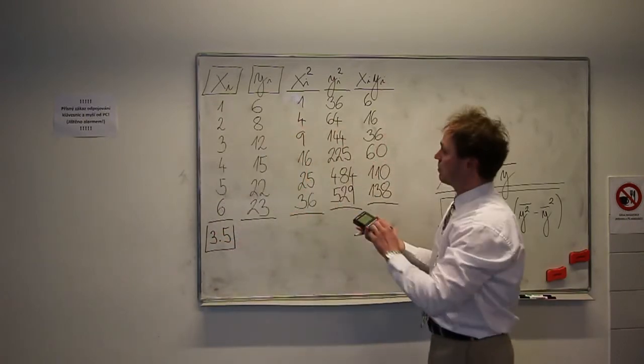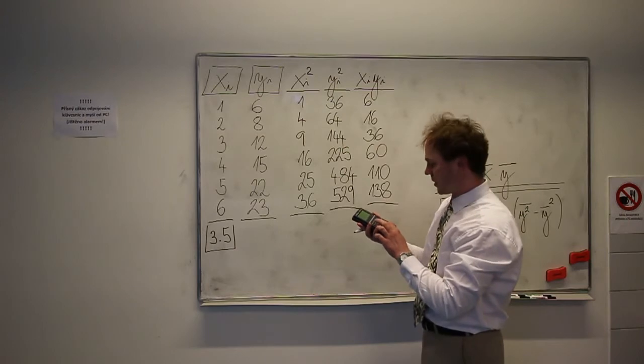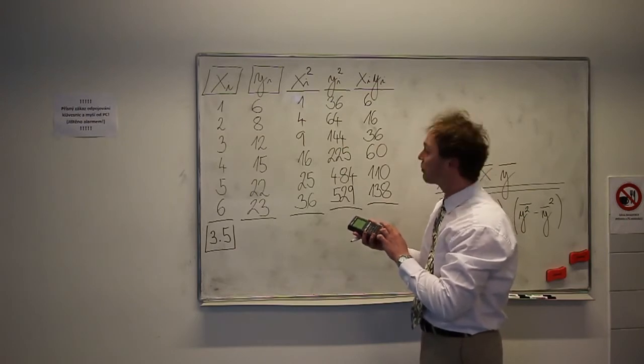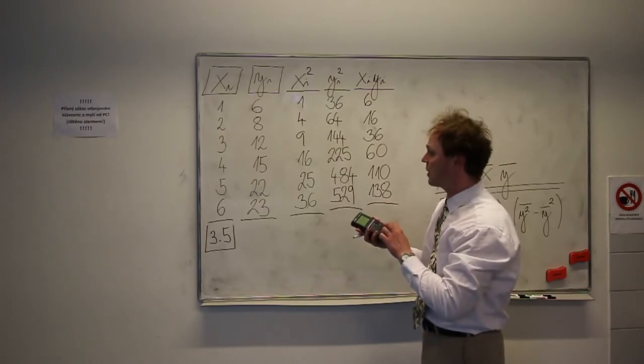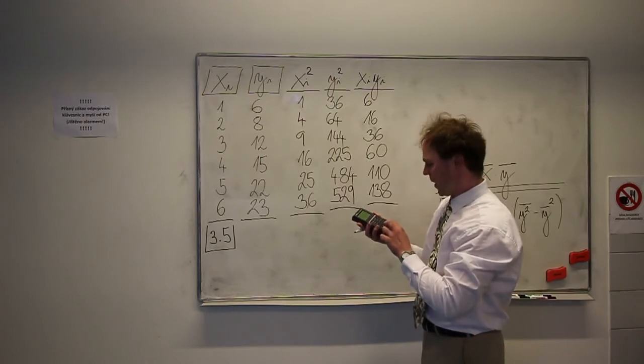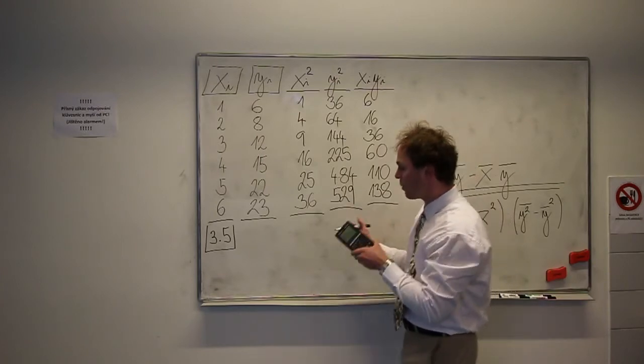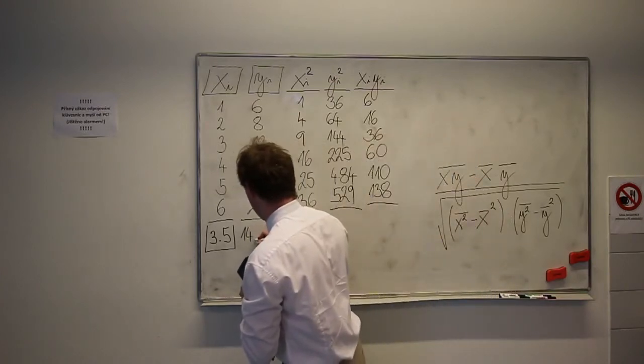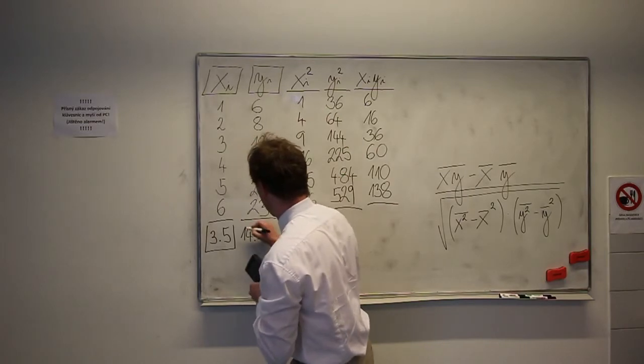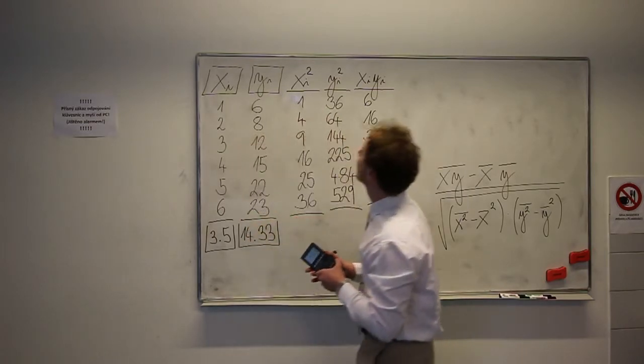The second mean, 6 plus 8 plus 12 plus 15 plus 22 plus 23 is 86 divided by 6, 14.33. So this is the second mean.